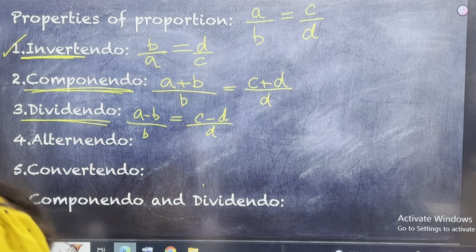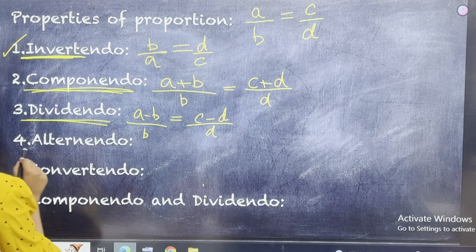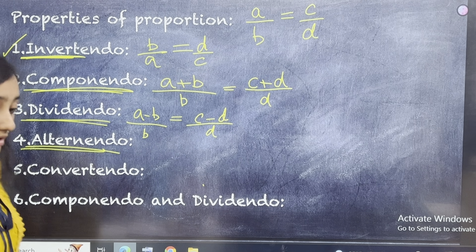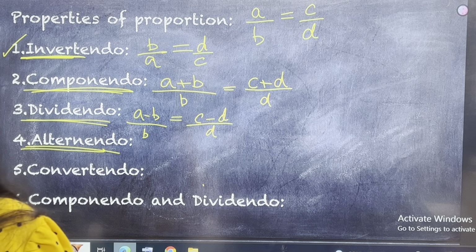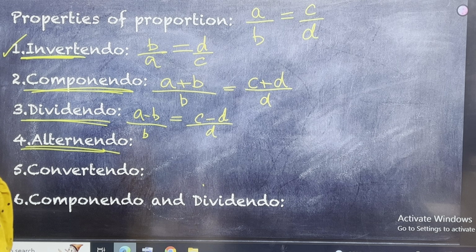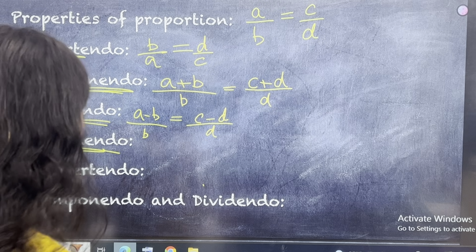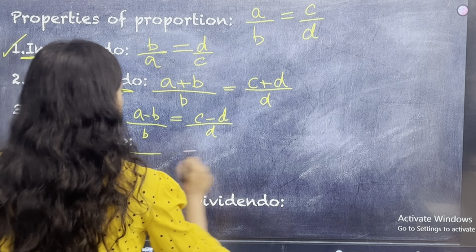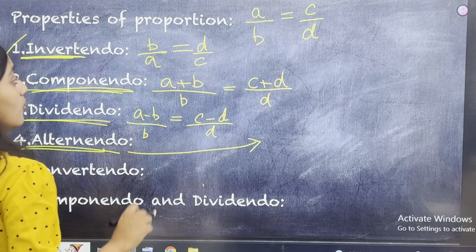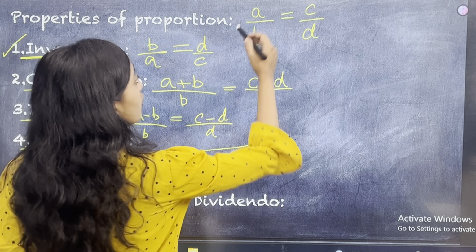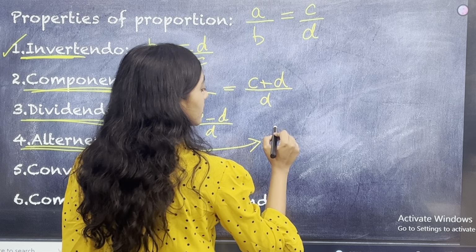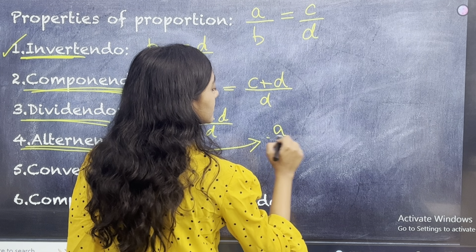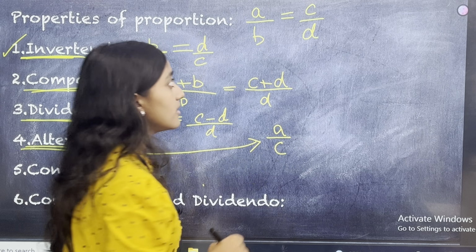So next you have alternando. What do you remember from the word alternando? Alternando basically means alternate. So what I want to do, I will write it out here. You have A by B. You will alternate it, so you will say A divided by C. What have I done?